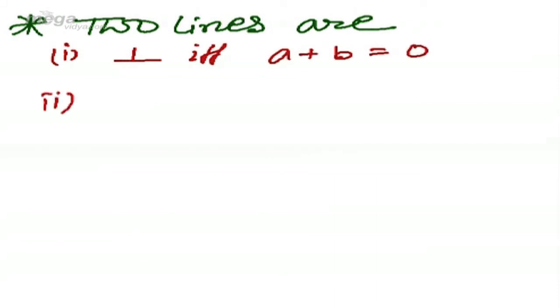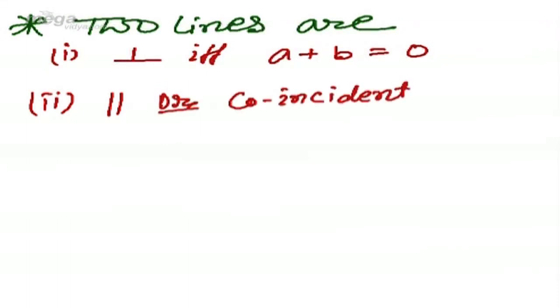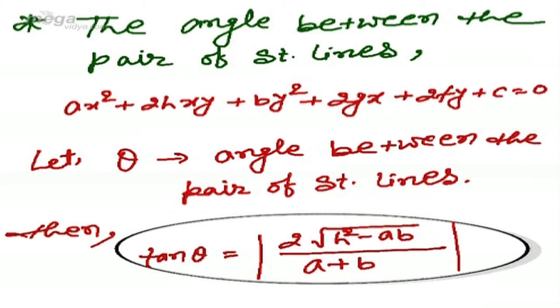And those two lines are parallel or coincident if and only if h square minus ab is equal to 0. Because if lines are parallel then theta is 0 degree, and if lines are coincident then also theta is 0 degree, and you get tan theta equal to 0. So h square minus ab is also equal to 0.